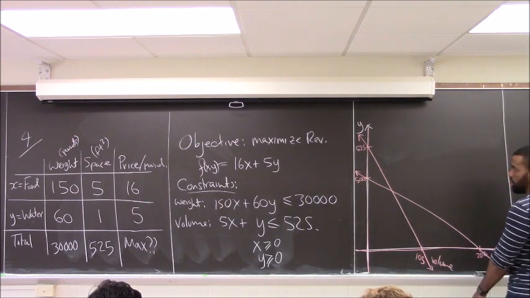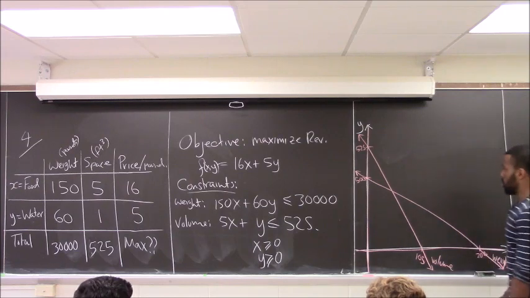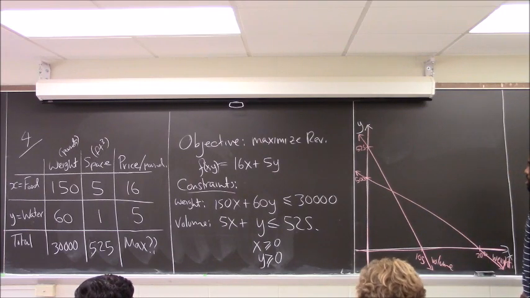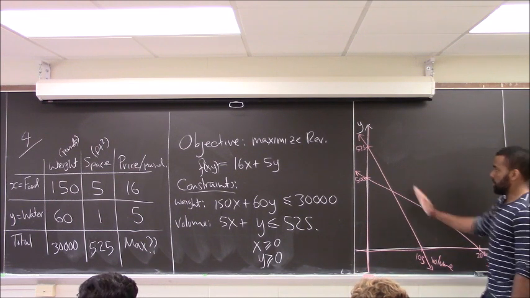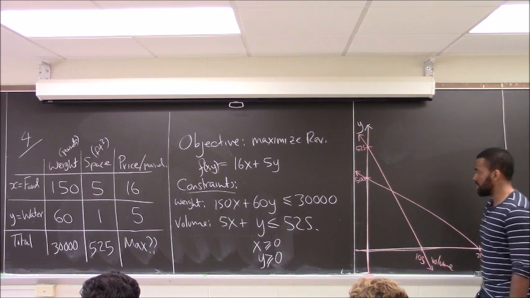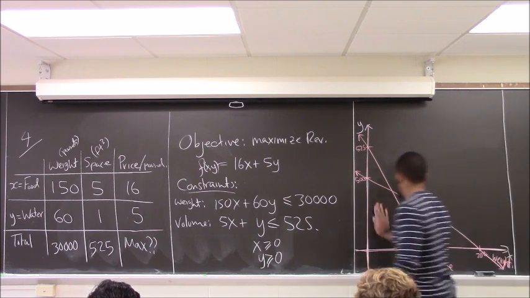And that's all we have. Now, where would our feasible region be? It's below both of the lines at the same time, but to the right of this one and above that one, that gives us this region right here.